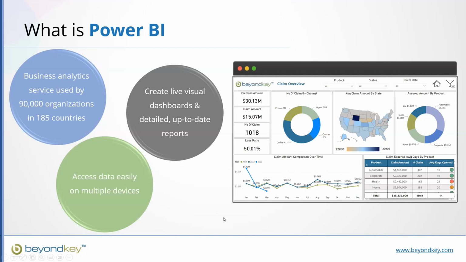And you could access this information on whatever type of device you want. So for example, if you're on the go and you need to still access your information, you could check this information, which is live information, not stuff that happened a week ago, a month ago, a year ago. This is stuff that's happening live as it's being updated. And you could see it on your smartphone. You could see it on your tablet, or even, of course, on your computer as well.